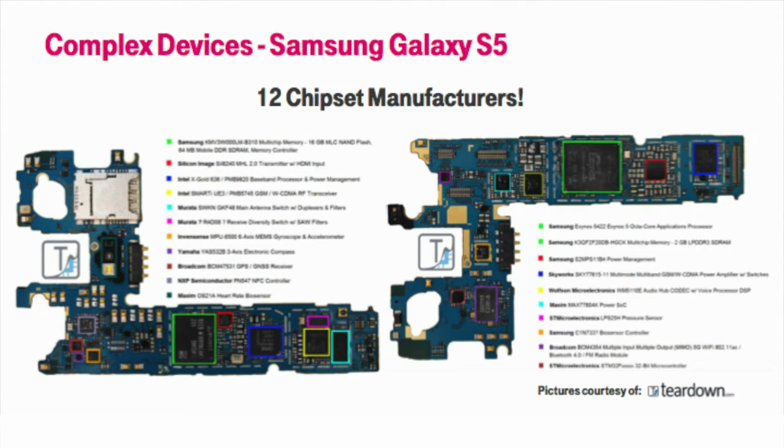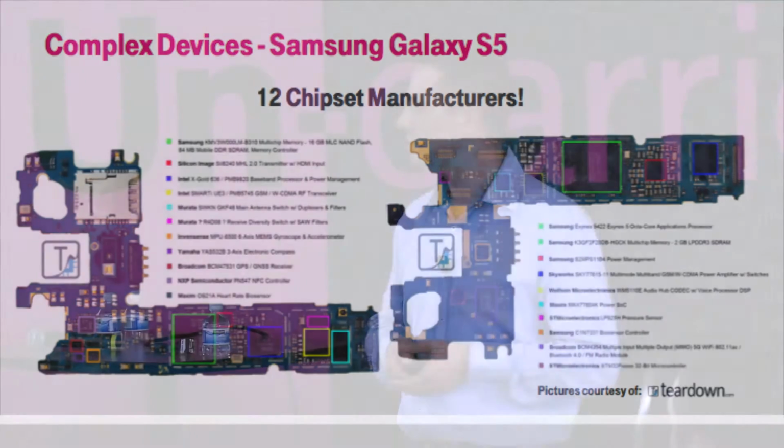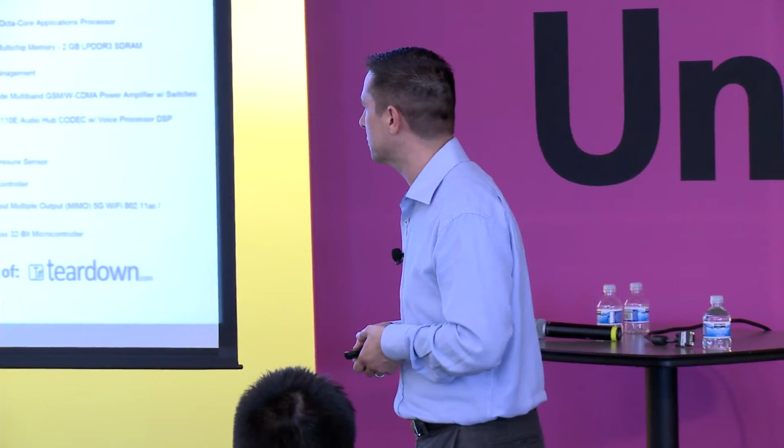Wow, this is what the circuit board looks like and all of the different circuits that are located on a GS5. You look through this list and there's probably names there that you guys have never heard of. So who's heard of ST Microelectronics or Maxim? Not the magazine, the circuit company. So not very common. We have a couple of people raising their hand.